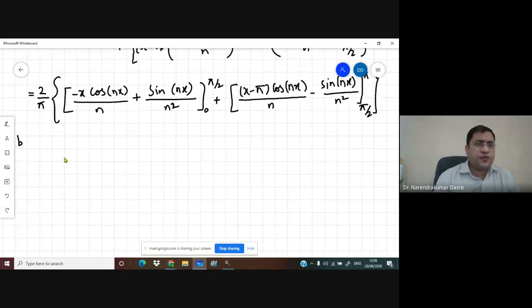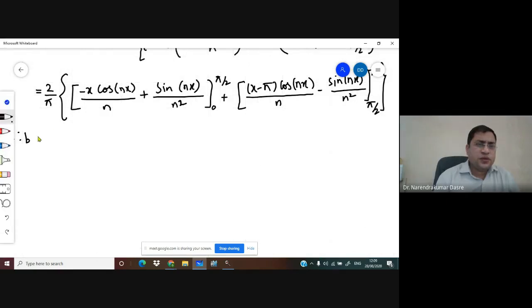we'll have Dn is equal to 2 upon pi. So apply this pi by 2. So this is going to be pi by 2. So I can write minus pi by 2n. Okay. So we can have this. This is pi by 2 and this is n.